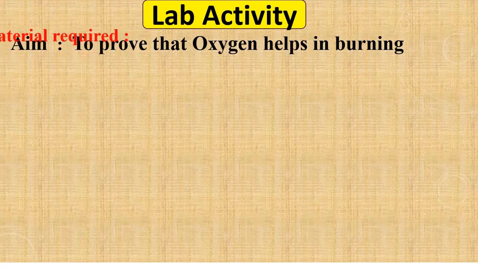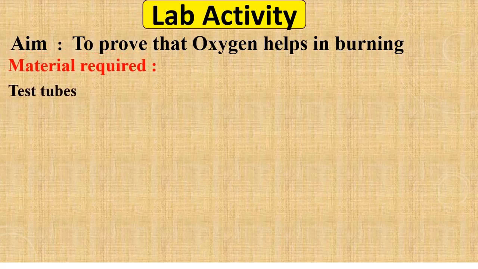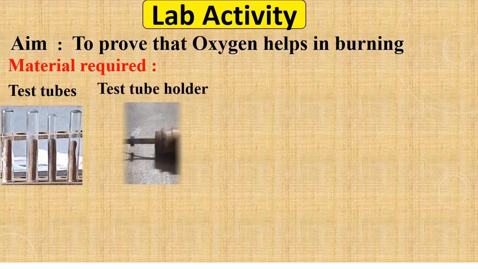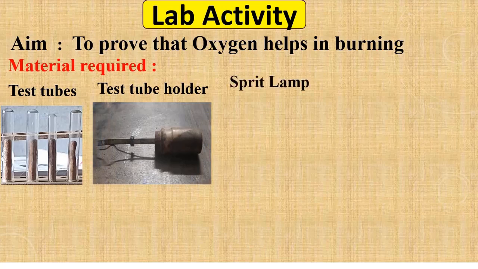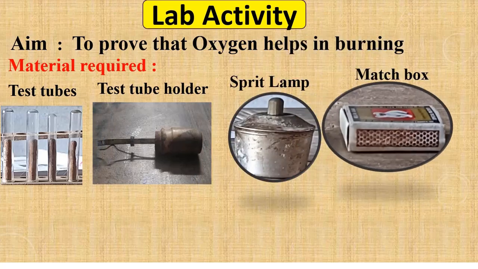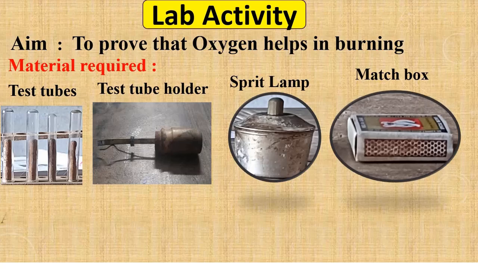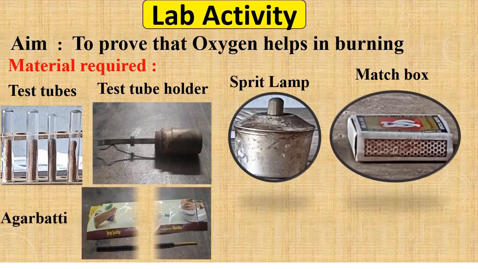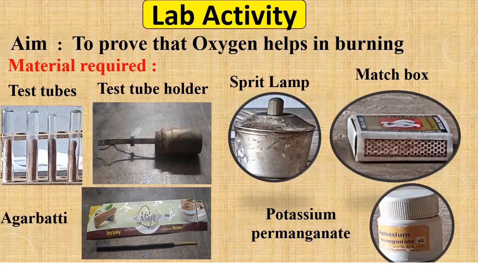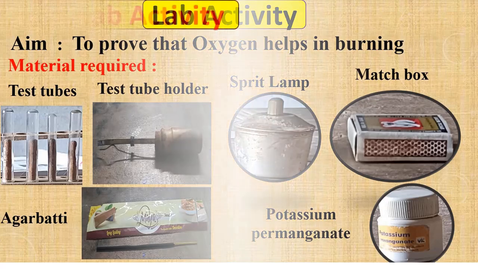The required materials: test tube holder, spirit lamp, match box, and one more, agarbatti, and last one, potassium permanganate. These are the required materials to prove that oxygen helps in burning.